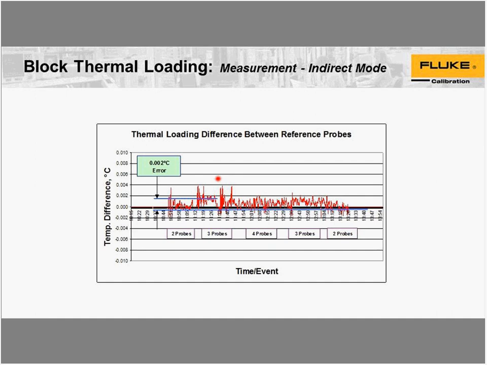If you use the indirect method, where we're using a separate thermometer and readout for your temperature indication, your error with the indirect mode is considerably less than it is with your direct mode.